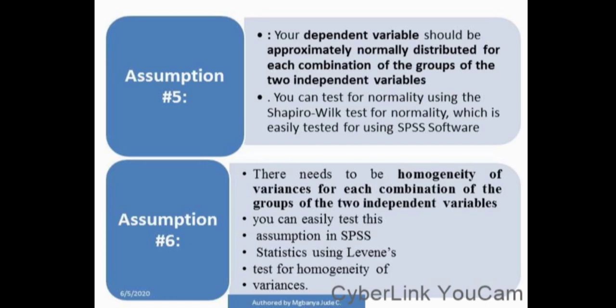But if it meets 4, most especially the first 4, that means you can use two-way ANOVA. And there are some approaches you can also use to correct if the data is not normally distributed, and if there is heterogeneity of the variance among the data.